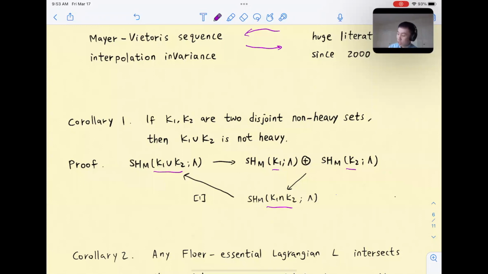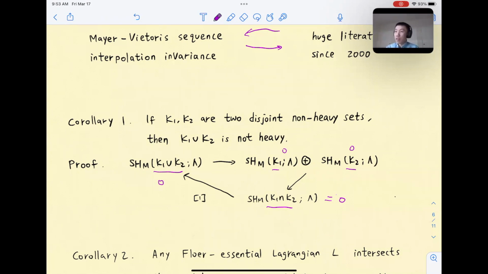In this case, their intersection is empty, so this is 0. Suppose we know K1 and K2 are not heavy. So this is 0, this is 0, which means we immediately get that the relative invariant of their union is 0, which says that the union is not heavy.